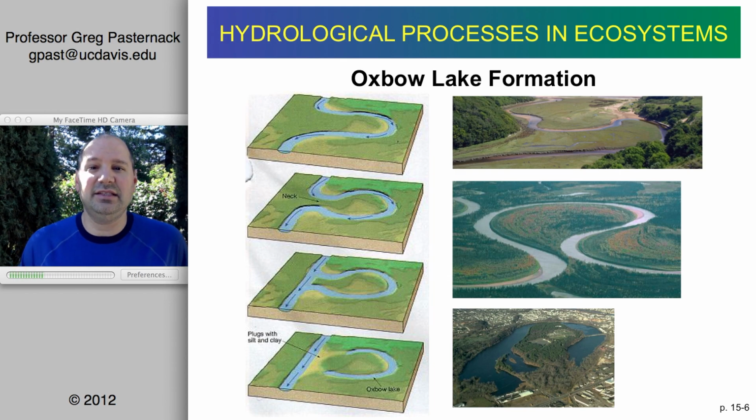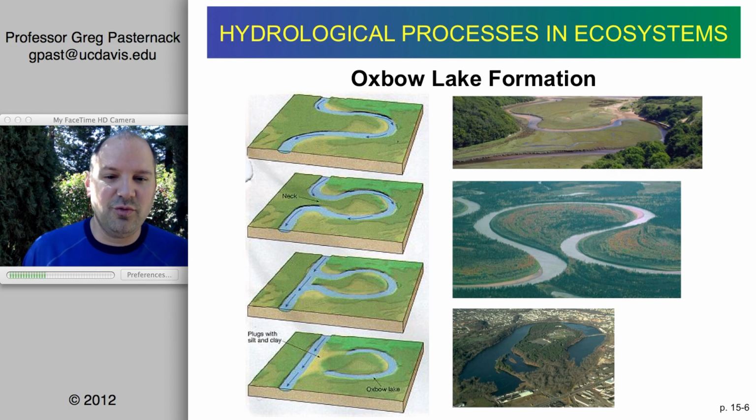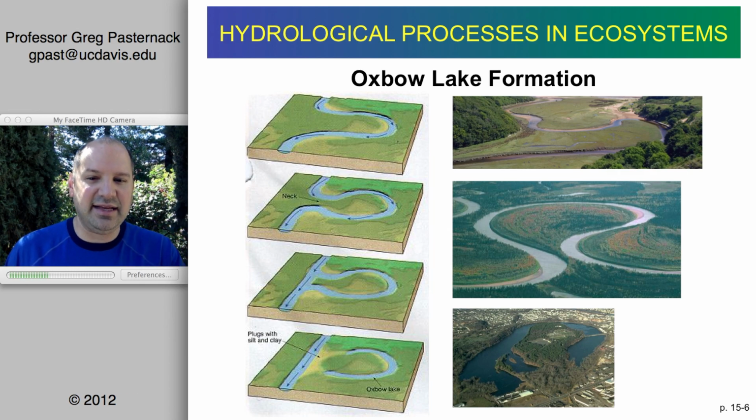And momentum means that if you're moving very fast, it's hard to change your direction when you're moving at that high speed. And so what can happen is the water can just blast straight across the neck and cut it off. And when it cuts it off, then it may deposit sediment at those old junctions and plug them up.